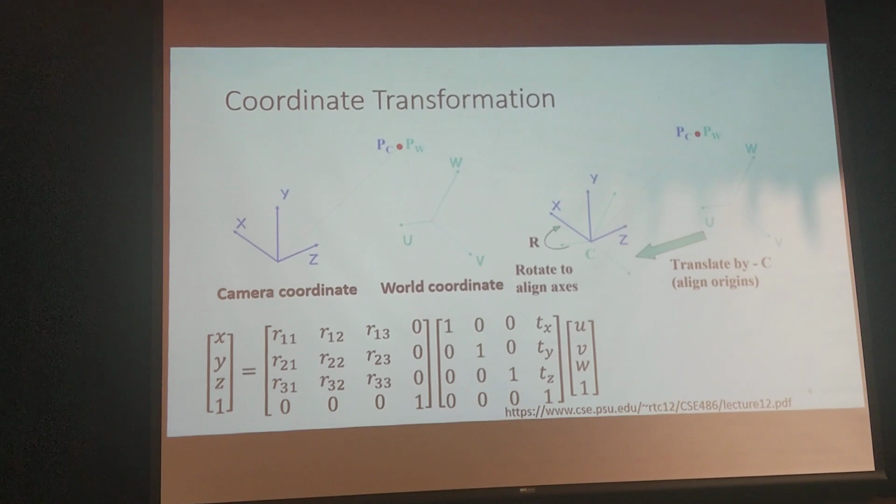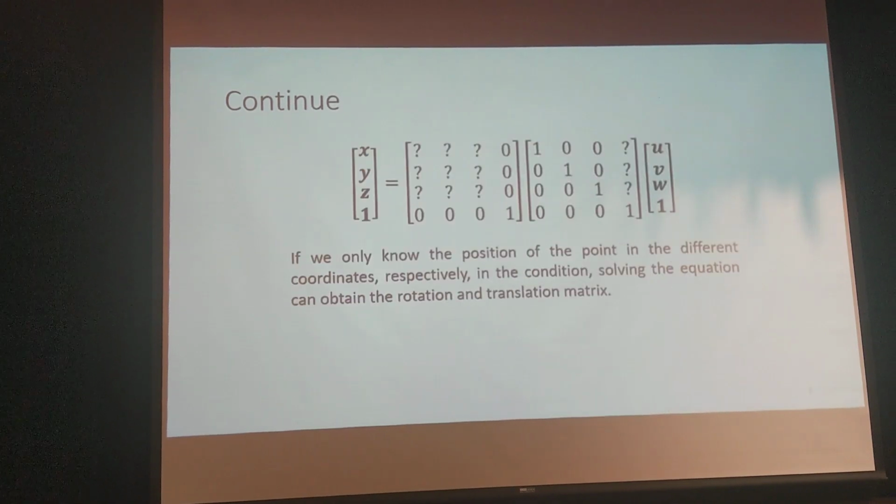The right figure visualizes the process of the equation. If we only know the positions of the points in the different coordinates, respectively, the equation can be used to obtain the rotation and translation matrix. In the next part, I will introduce a classic paper that proposes a method that can resolve this problem.